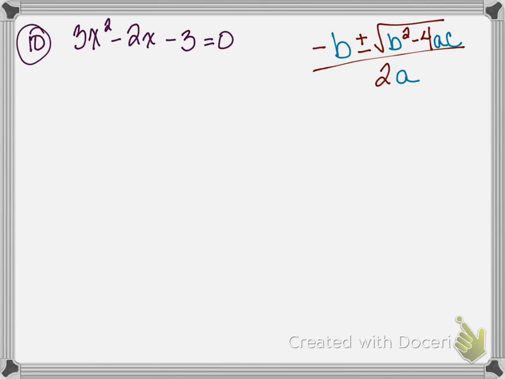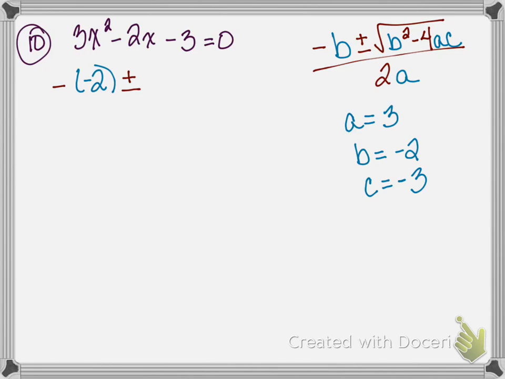Okay. So now I have my A value is going to be 3. My B value is negative 2. And my C value is negative 3. So I have negative negative 2, plus or minus, uh-oh, I just got the battery alert.